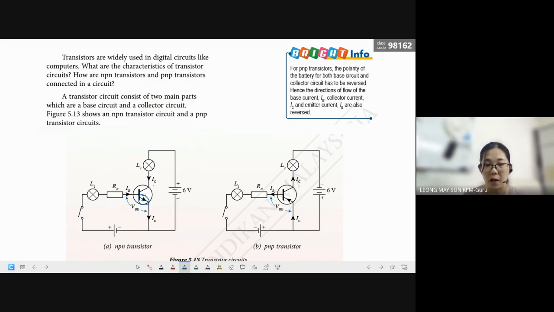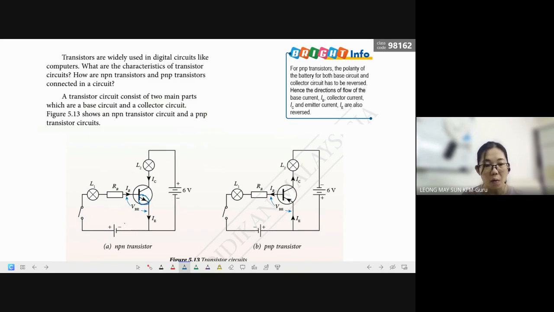Same thing for the collector's current. Because there are two power supplies, there will always be two different directions of current flowing. The transistor being in the middle of the two circuits, it needs to make sure that both circuits' currents are flowing in the same direction as the transistor.